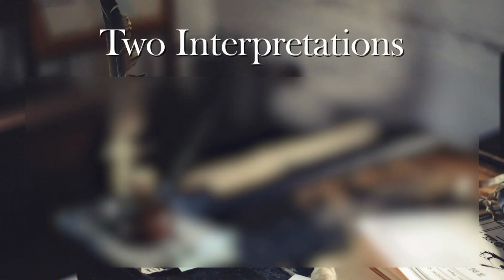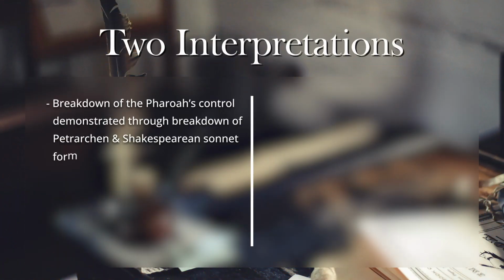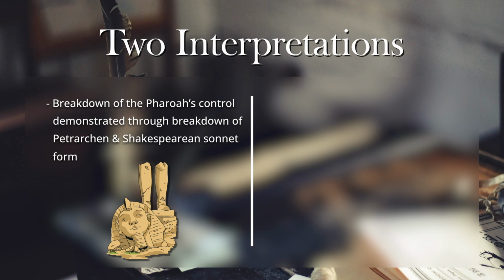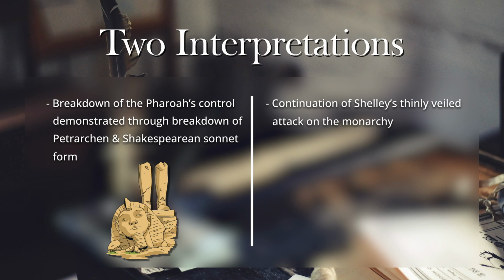So, first reason is to take it quite literally as a breaking down of the pharaoh's control. He loses the control as his reign of power goes on, and in the actual act of the statue disintegrating or being overcome by nature. However, it can actually be interpreted as a continuation of Shelley's thinly veiled attack on monarchy.